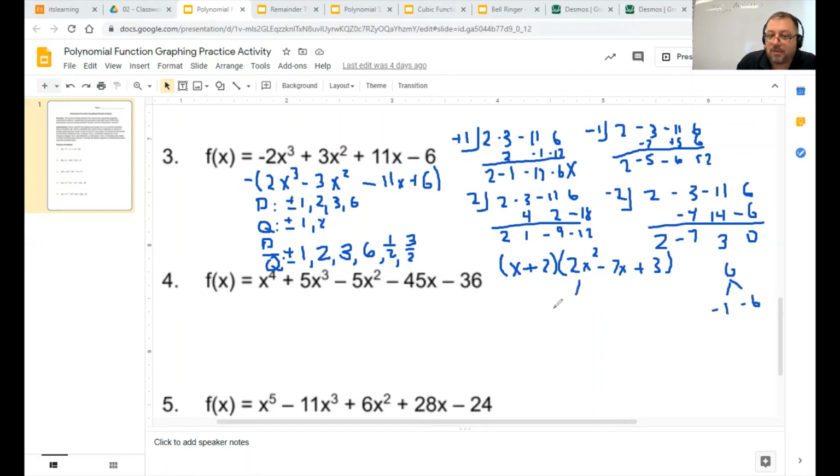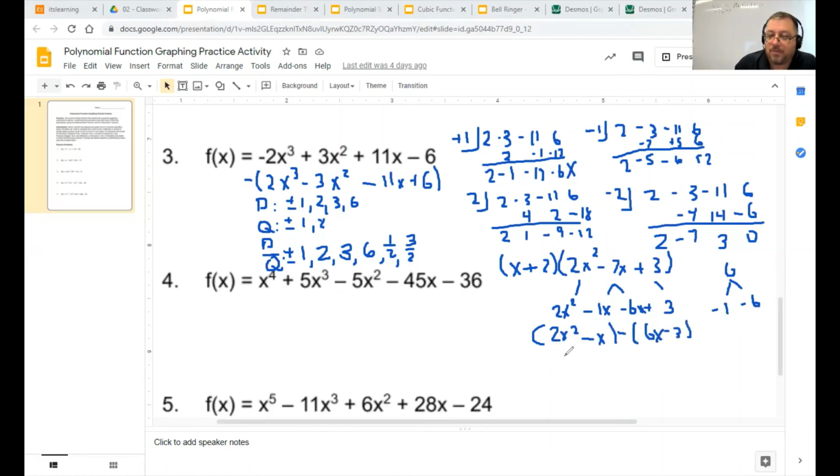So I bring this down, 2x squared. I bring this down, 3. And I break this up into its components, minus 1x minus 6x plus 3. Okay, so now I group: 2x squared minus x, minus 6x plus 3.